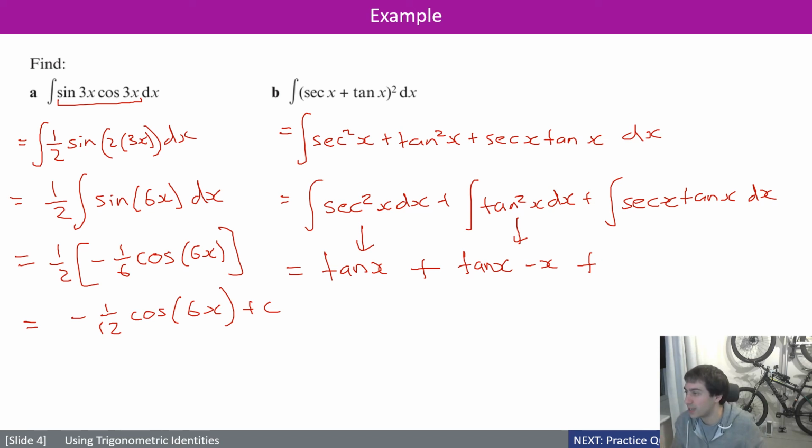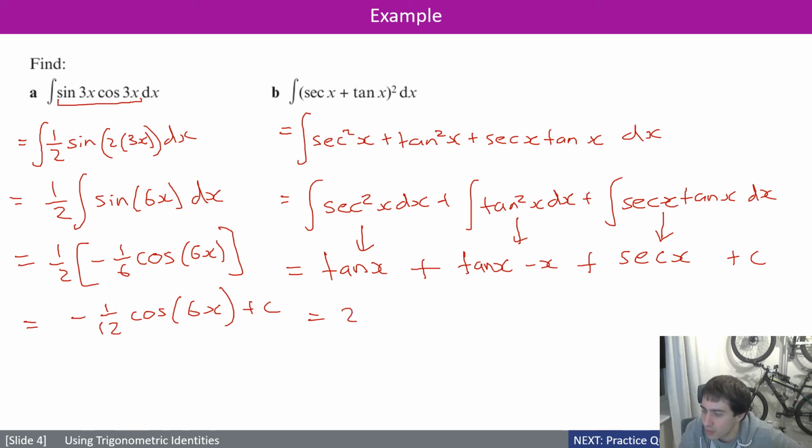Integral of sec tan is the sec tan function, so that's just sec, and then we've got our plus c. So remember that third one, that's a standard one. To prove that, you actually just consider sec as 1 over cos, and you do the quotient rule, and you do find the derivative, you end up with sec tan.